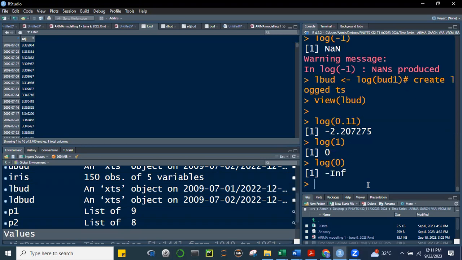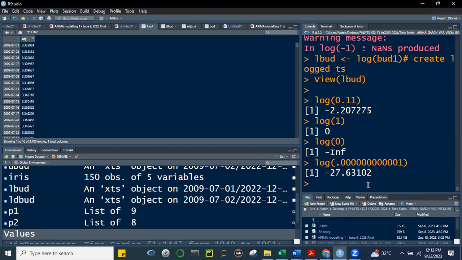But the log of a number that's very, very close to 0, for example 0.0000001, so it's a very, very small number close to 0 but not 0, it's a negative number.